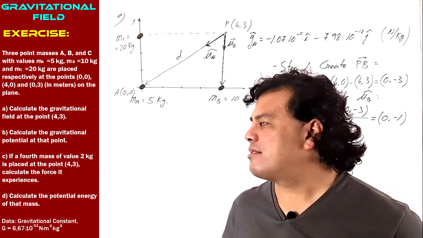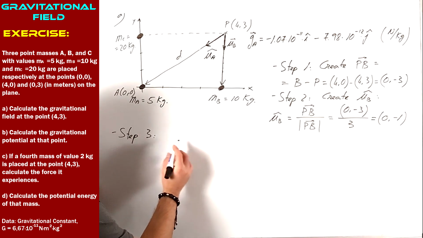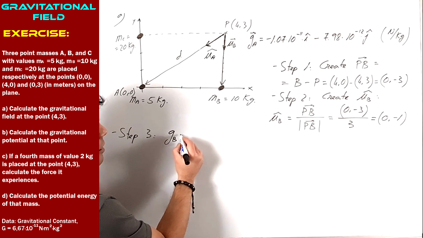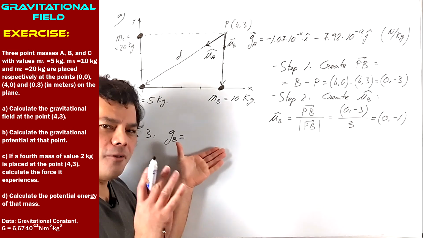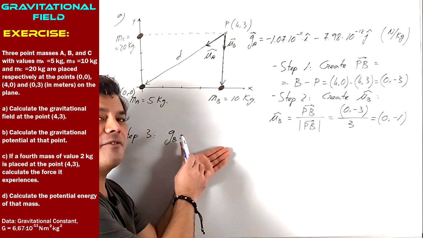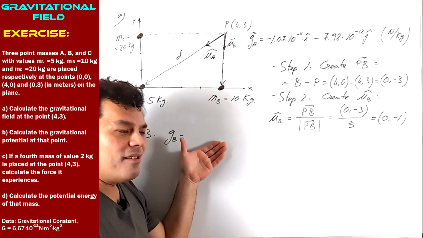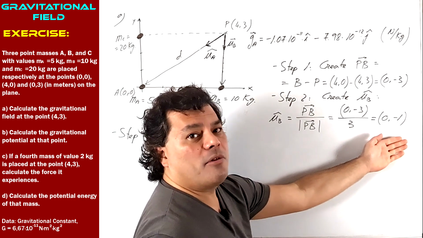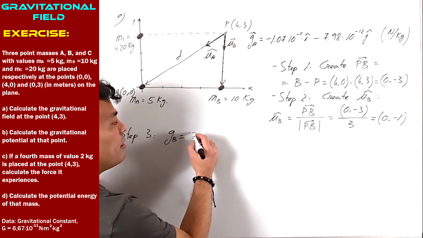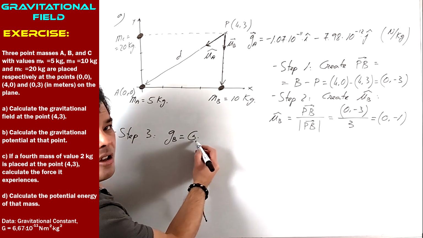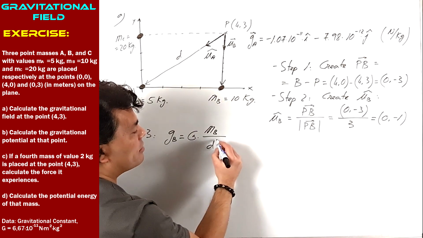And now comes step number 3, where we calculate the magnitude of the gravitational field created by mass B at point P. In magnitude, don't forget that it's not necessary to use the negative sign of the orientation, because we will obtain this at step number 4 thanks to this unit vector, just in magnitude. We use Newton's gravitational law, G multiplied by the creating mass divided by the distance squared.